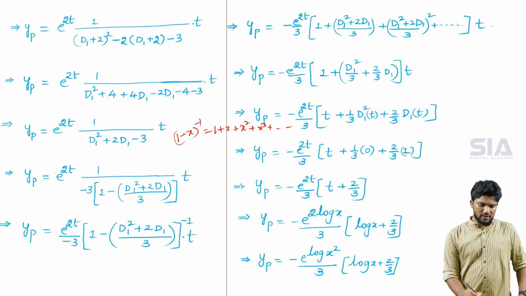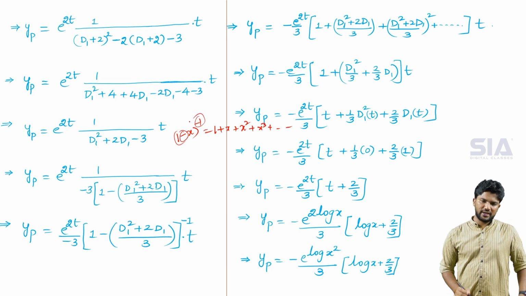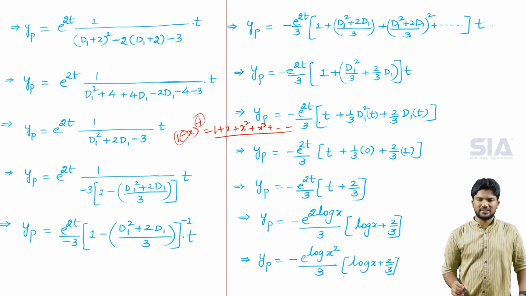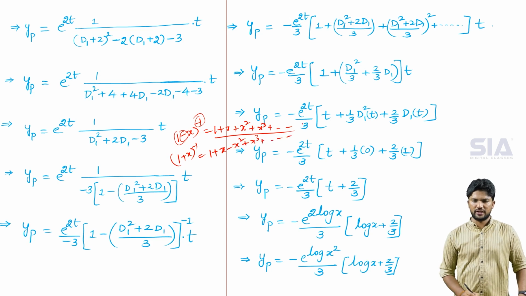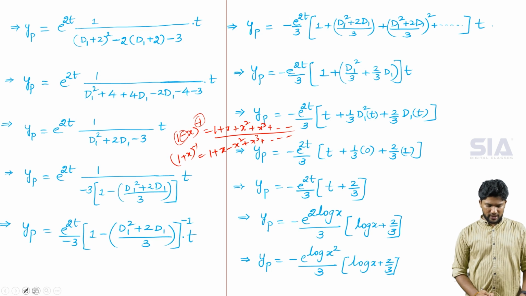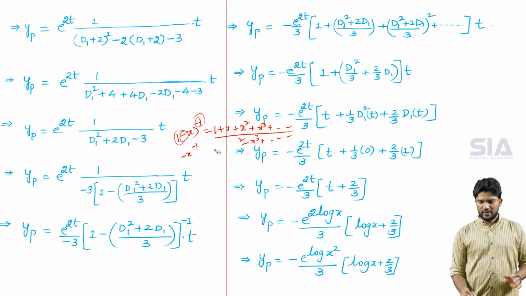When you have a minus inside and the power is also minus, all plus symbols will come. When you have 1 plus x whole power minus 1, it is 1 minus x plus x square minus x cube, alternating. So that second formula is not required, we require only the first formula.